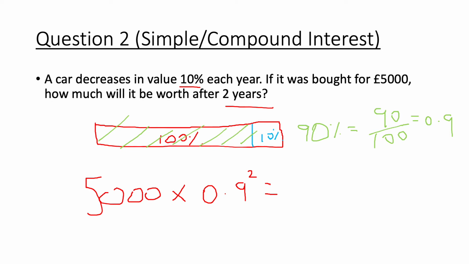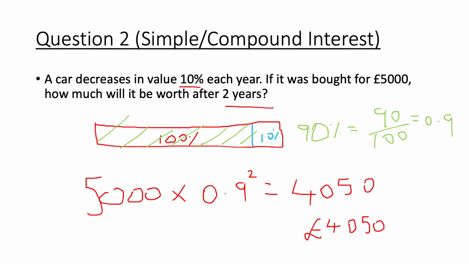Now, working this out, guys, on my calculator, I'm going to get £4,050. So the car is now worth £4,050. So it's decreased by £950 over the 2 years. If that makes sense.